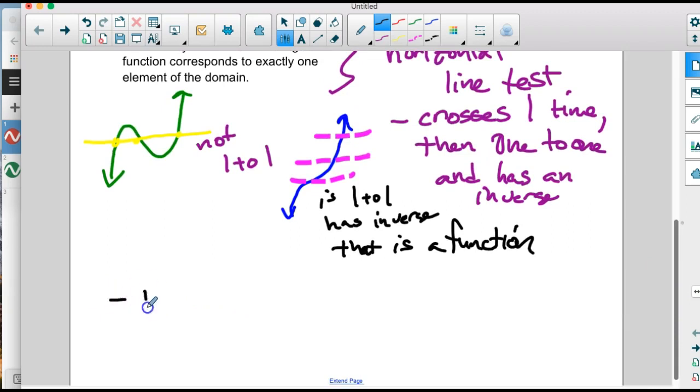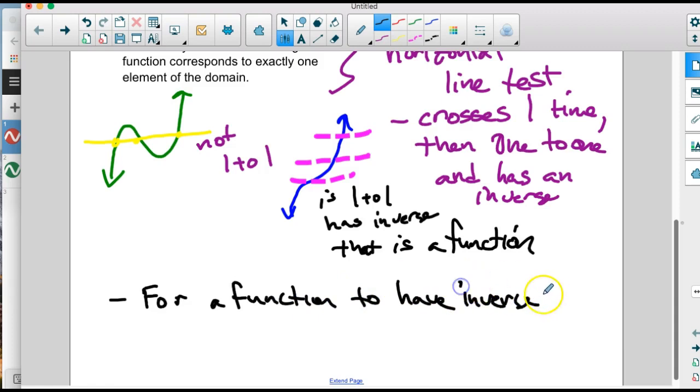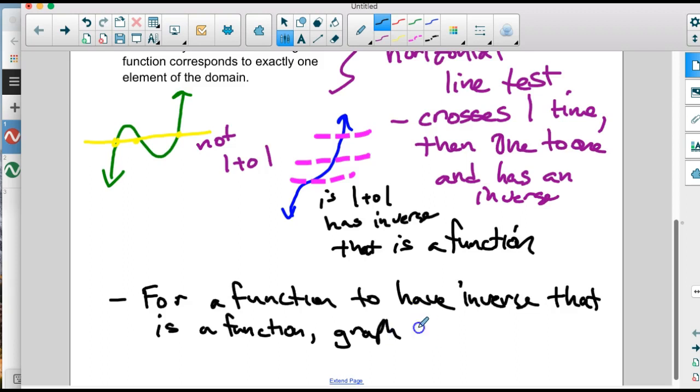So for a function to have an inverse that is a function, the graph must pass both the vertical and horizontal line test.